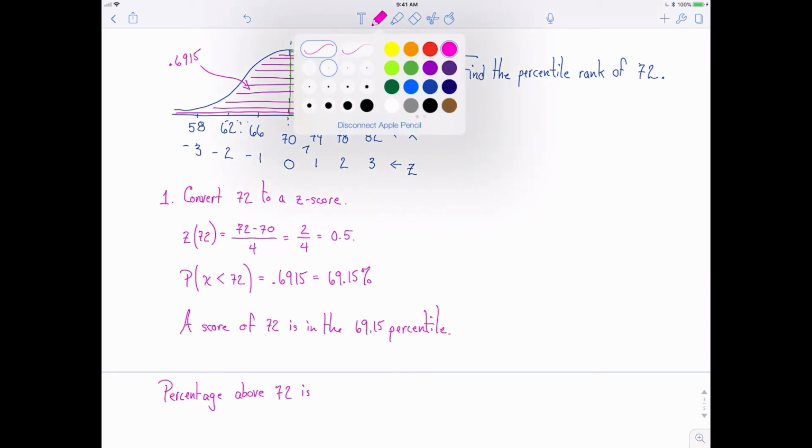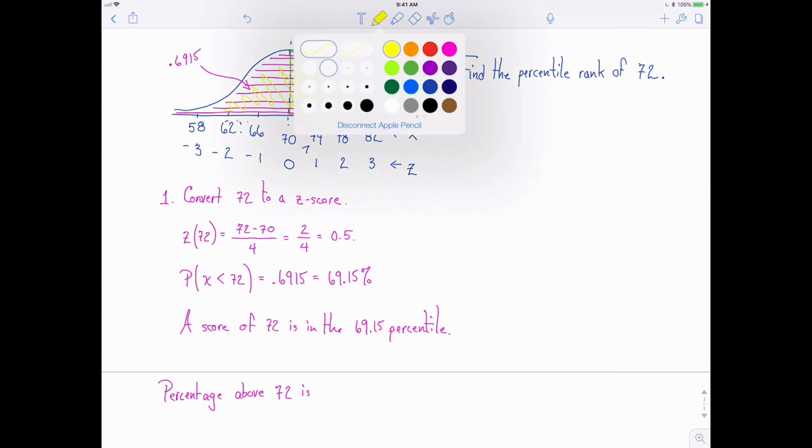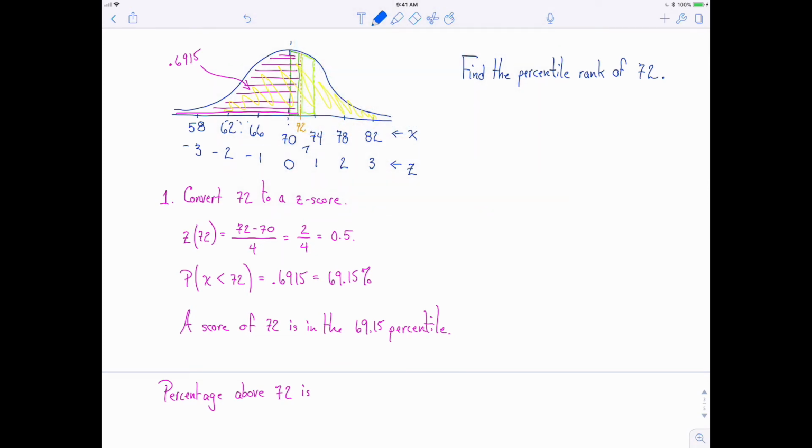So let's think about that for a minute. Let's do yellow here. If I shade the entire picture, all of this, that's 1. And then if I subtract where the pink and the yellow overlap, well, then what I'd be left with is this light blue region right here. And that is how we would find the percentage above 72.